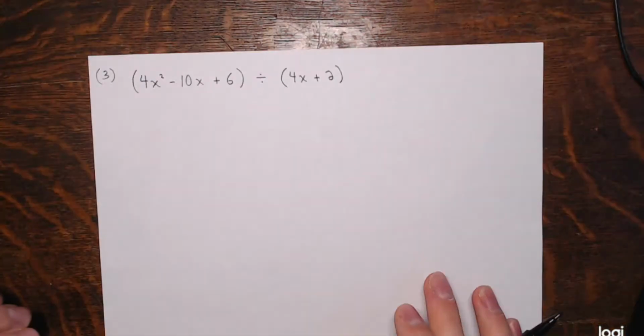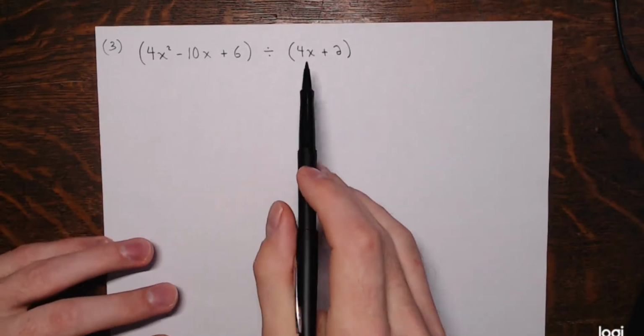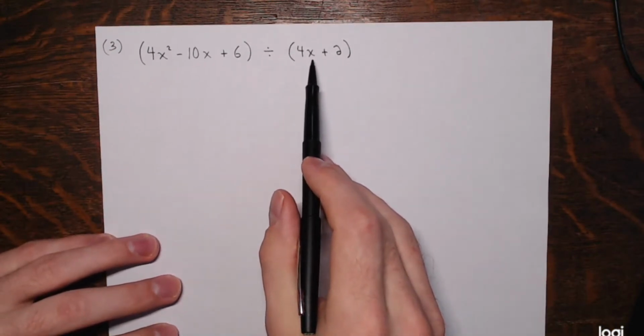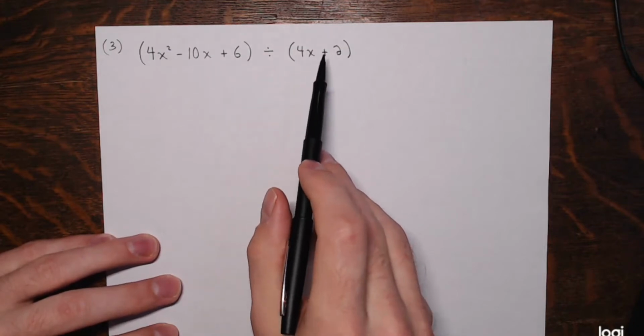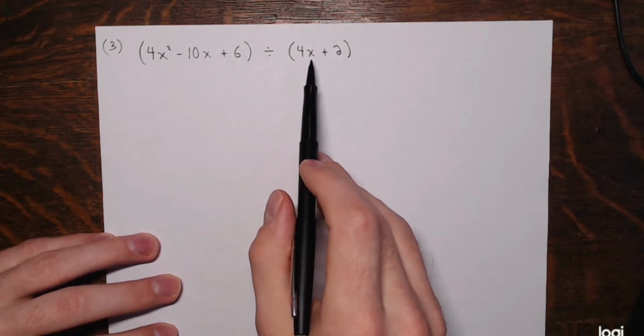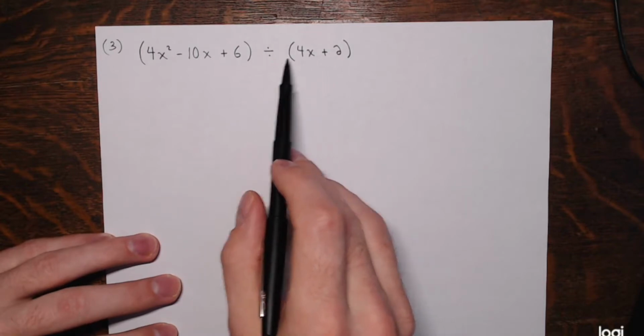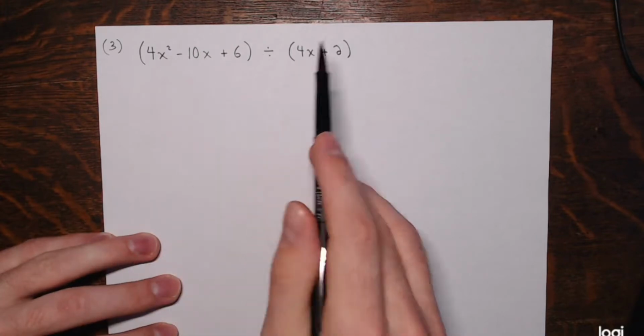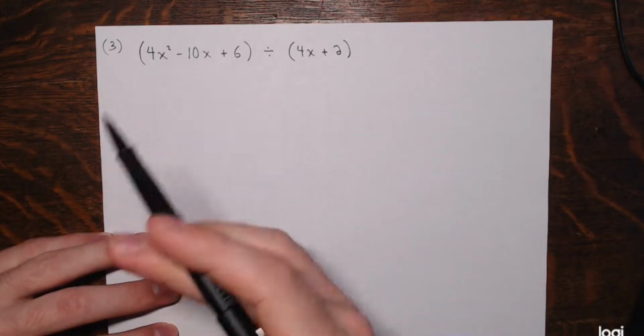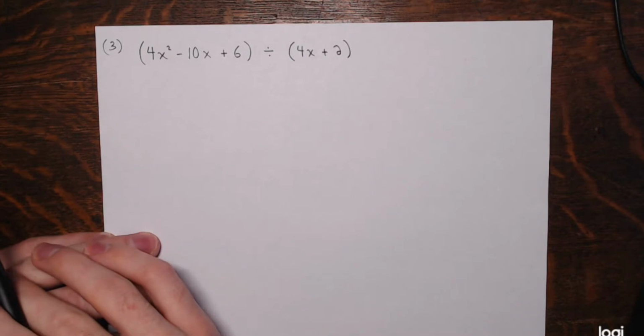Again, every example in the book has a degree 1 polynomial as a divisor. I'll say this every time, or at least a couple more times. The divisor can be any degree, as long as it's less than the degree of the dividend. If the divisor has a degree greater than the dividend, then there's no quotient. The quotient would be 0.